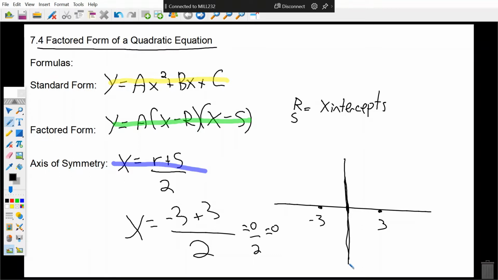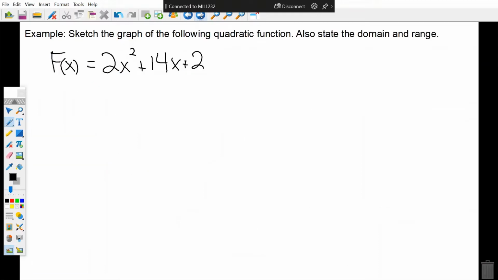So we're going to use these three formulas now, well, mostly the second one here, and see how it helps us. So in example 1, you were asked to sketch the graph of the following quadratic function. Also, we need to state the domain and range. We're not going to do a lot of questions today because the questions we are doing do take a number of steps.